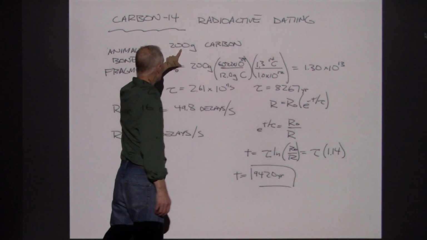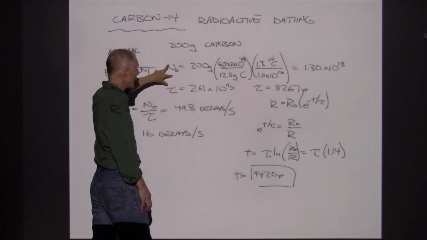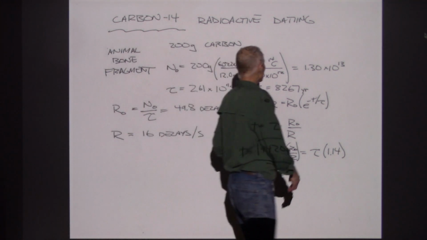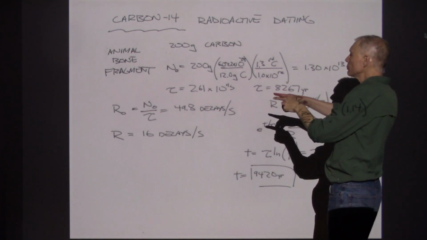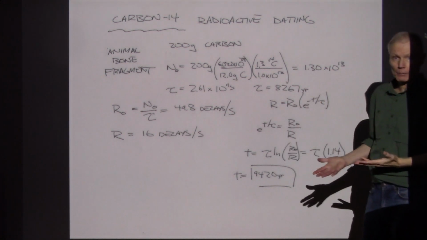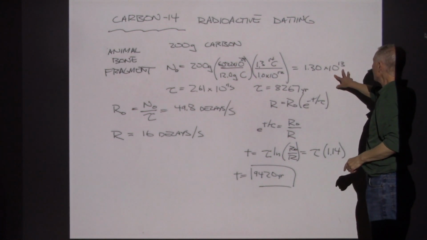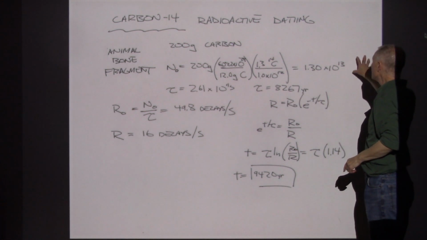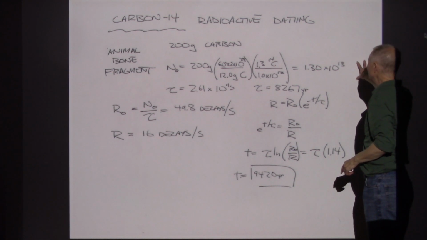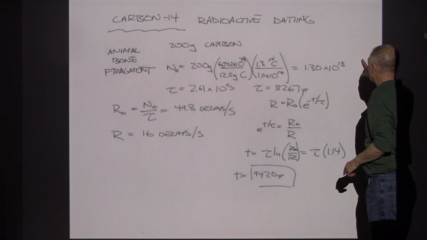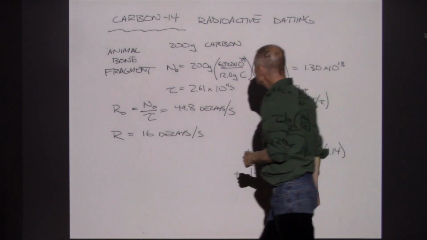Now, if it's 200 grams of carbon, what we would expect is that if this were an actively metabolizing animal, then this fragment should contain 1.3 × 10^13 carbon-14s. I should have written carbon-14 here to emphasize the fact.